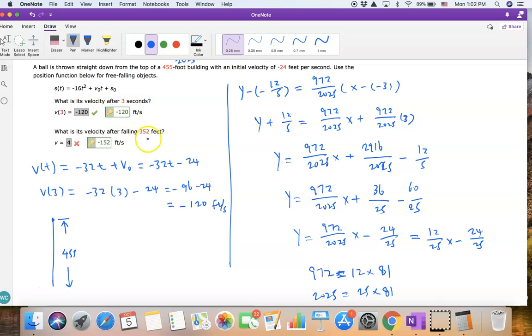We can use the position function to help us find that time.